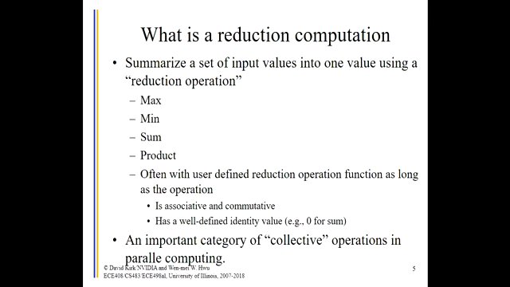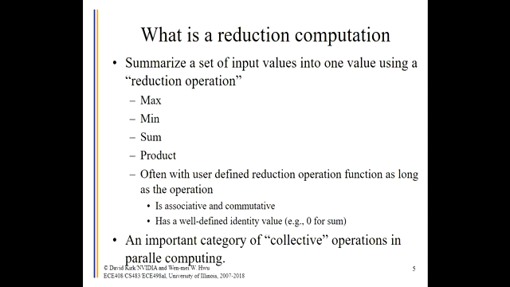For example, for max, the smallest possible value should be the identity value for the operator, because whenever you ask if a value is greater than this value, the answer is yes. That value is always going to be greater than the smallest possible value. In our floating point numbers, it will be negative infinity for practical reasons.